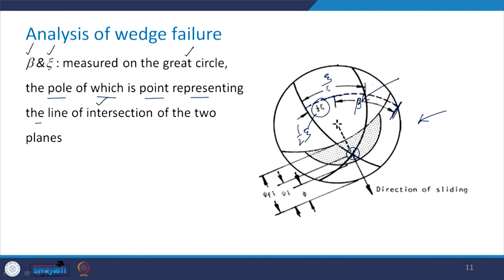So once we obtain these angles beta and zeta, we can find out the factor of safety for the slope where the wedge failure is likely to take place. Although I have discussed a very simple case with you, I tried to give you the basics behind the analysis of the wedge failure.